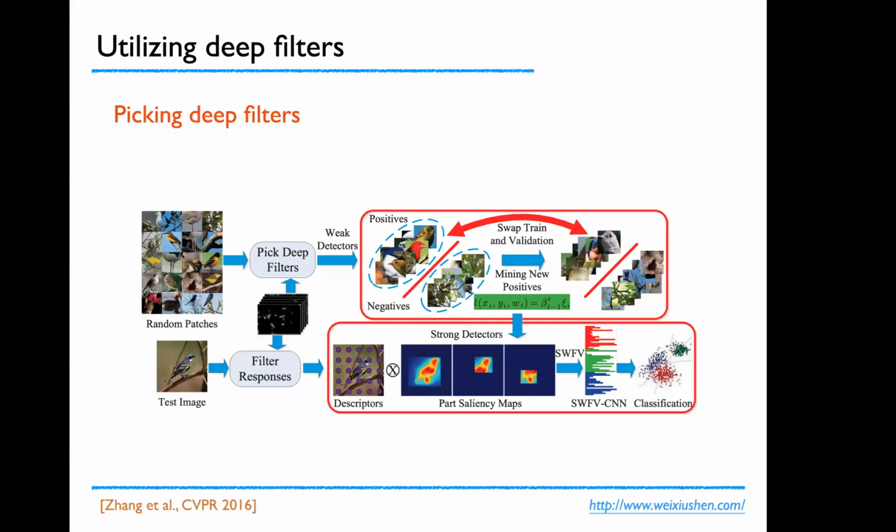Another thing about the aforementioned methods is that after obtaining the detected parts using deep filters from pre-trained classification CNNs, they typically require training an offline classifier, for example, SVM or decision trees, and then use part-based feature vectors to conduct the final recognition task.